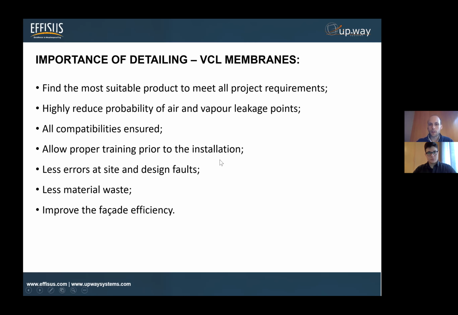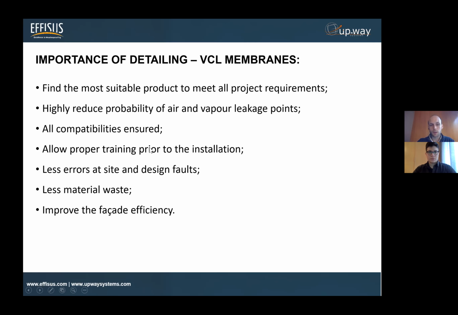Doing that will not only meet the project requirements, but also reduce the probability of leakage points. All compatibilities will be ensured, because we'll have the full system considered, and all interfaces will be managed between ourselves and the consultants or the architect.